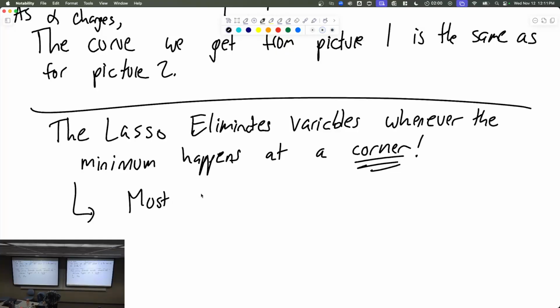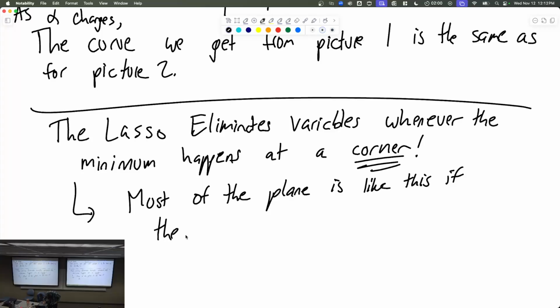Most of the plane is like this if the regularization strength alpha is big enough.